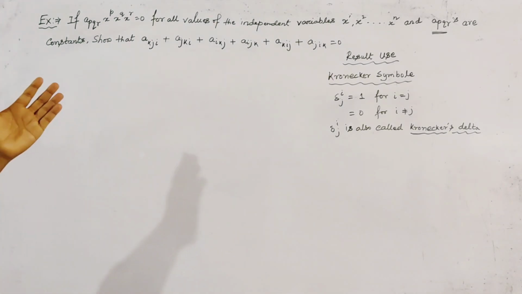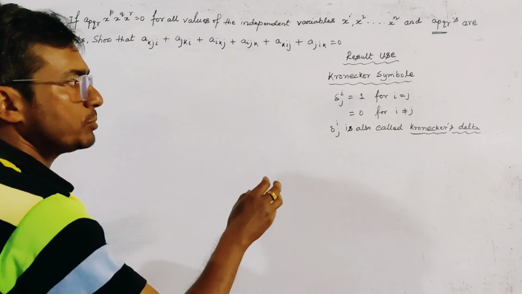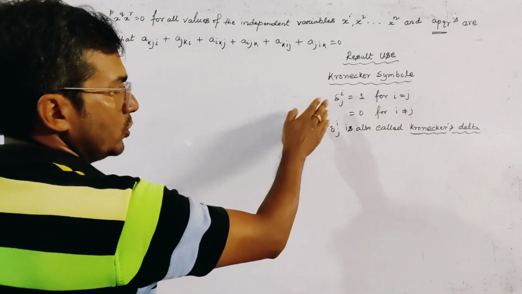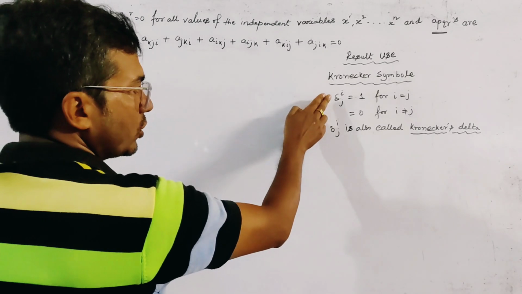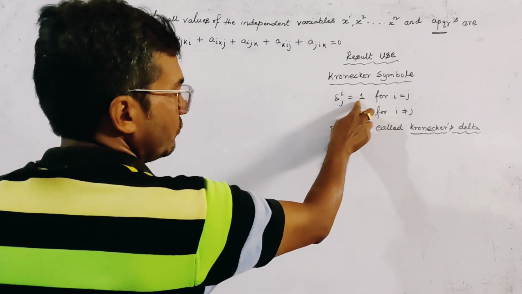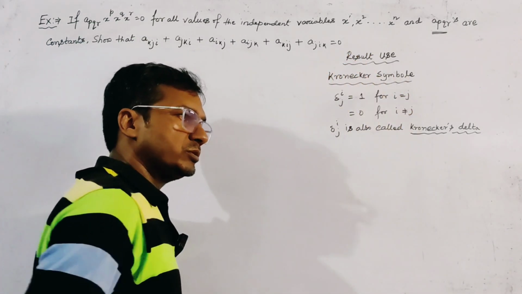This is a very simple problem, and here we use the concept of the Kronecker delta. What is the definition of the Kronecker delta? We define the Kronecker delta or Kronecker symbol delta_ij as equal to 1 for i equal to j, and equal to 0 for i not equal to j.